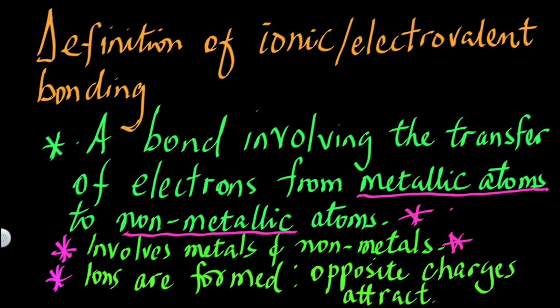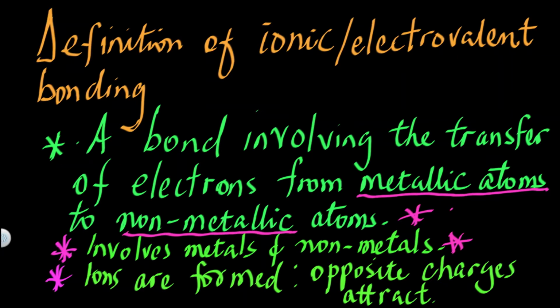Then there's going to be a force of attraction between these positive ions and the negative ions. And that is the ionic bond. Very, very important here to illustrate that the bond is about the electrostatic attraction between oppositely charged species, in this case, positive ions and negative ions. This is the definition of ionic bonding.